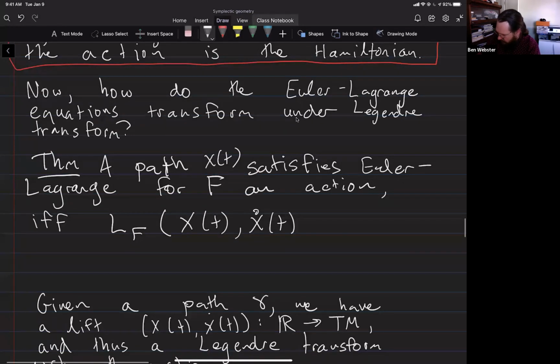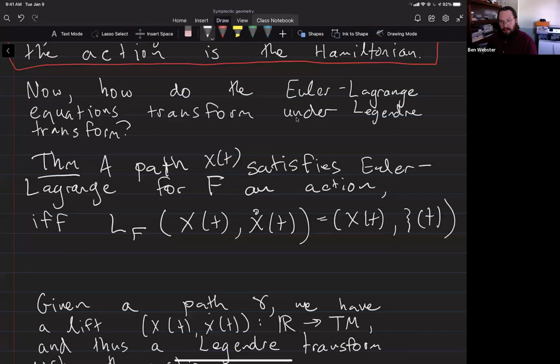I can apply the Legendre transform to the position the path takes me to and its velocity vector, thought of as a point in the tangent bundle. This gets me a point in the cotangent bundle, which I can think of as the point that the path is at and the momentum of the path rather than the velocity.